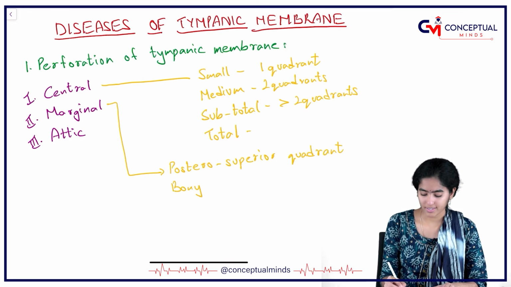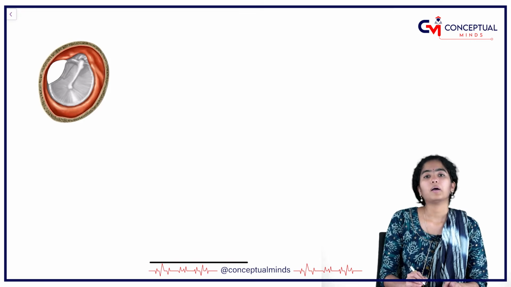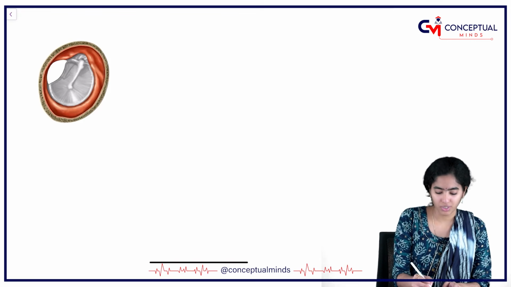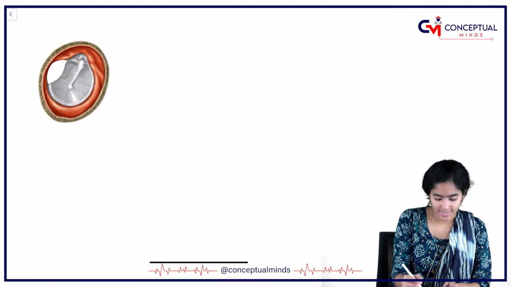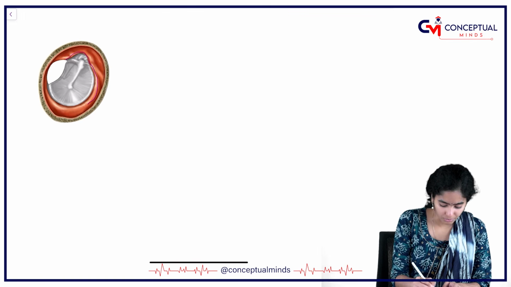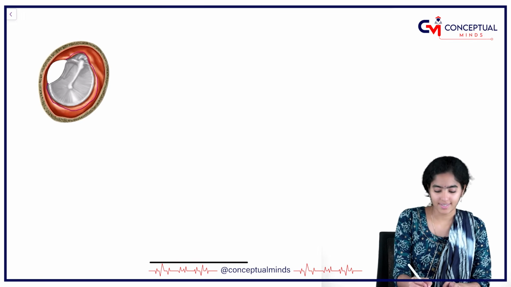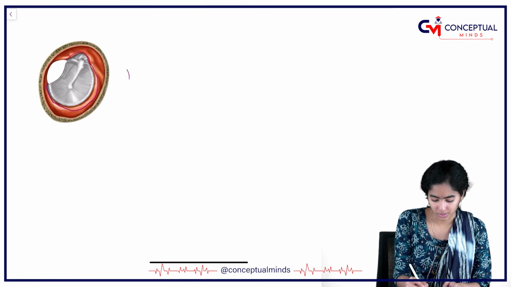Bony annulus is also involved in the perforation. Please look at a picture of marginal perforation where you can see here that the perforation is beyond the normal margin of the tympanic membrane. That is a marginal perforation.